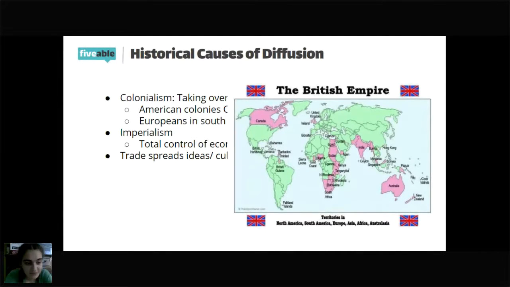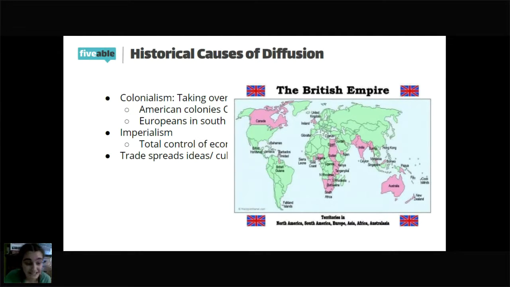For example, Egypt is a Muslim country and its official language is, I think, Arabic, but they speak English very well because of the British colonies there. And trade too, right?